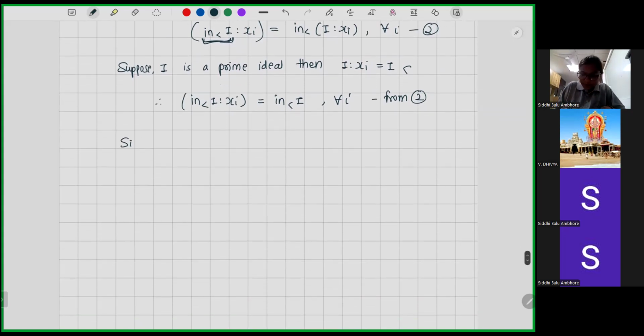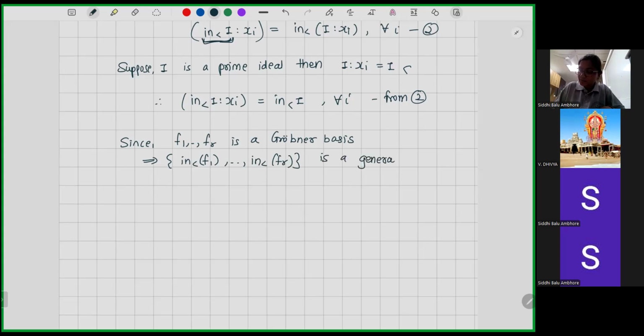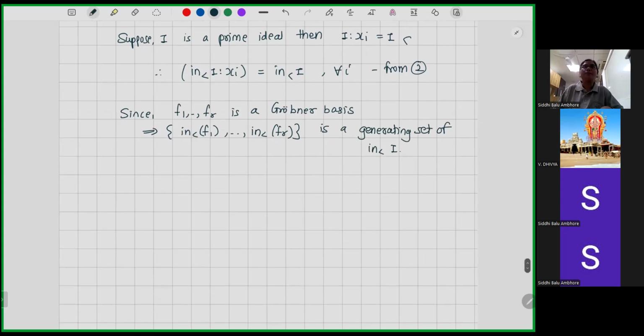Since this F1 to FR is a Gröbner basis, this implies, again, this is the fact we know, that the initial terms of F1 to FR are a generating set of the initial ideal of I.